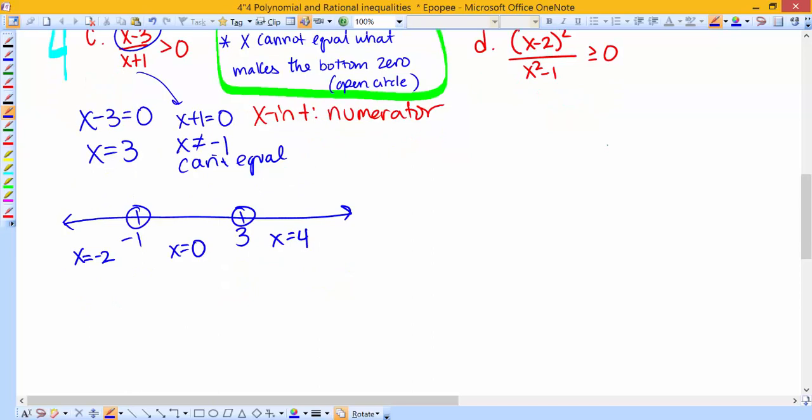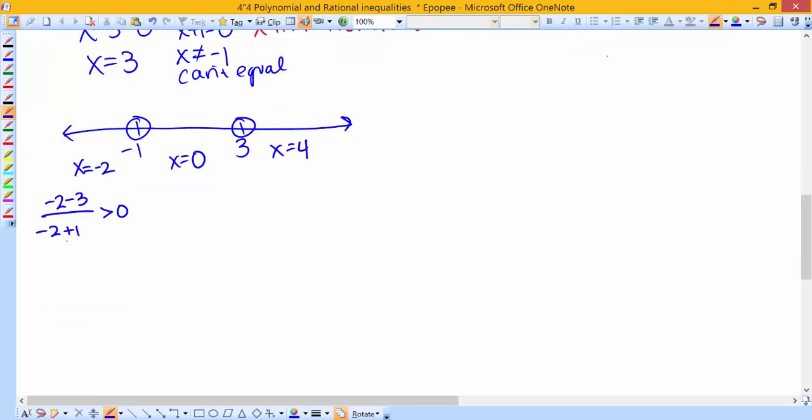So I'm going to plug back into the original. So this is negative 2 minus 3 over negative 2 plus 1, and it has to be greater than 0. So you really just need to pay attention to the signs here. So I will have negative 5 over negative 1. Is that greater than 0? Yes.